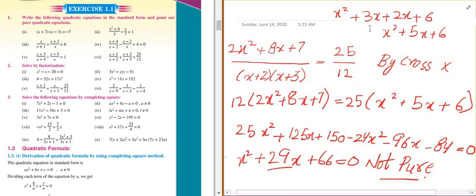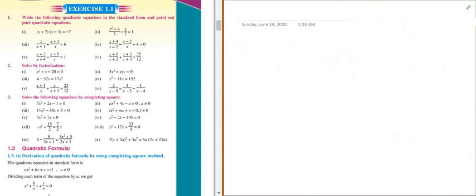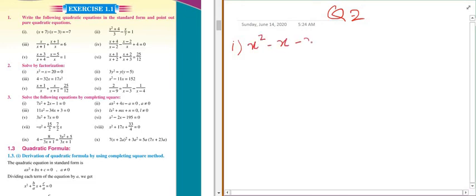Now question number 2, solve by factorization. Okay, let's do this. Question 2, part 1 is x square minus x minus 20 equals 0.